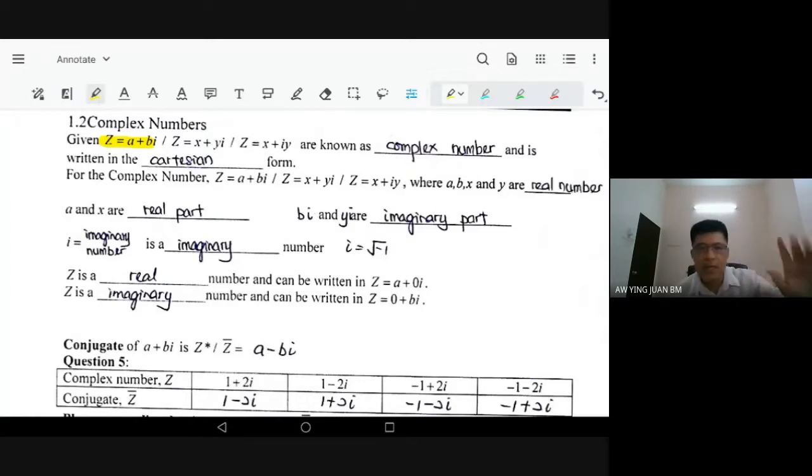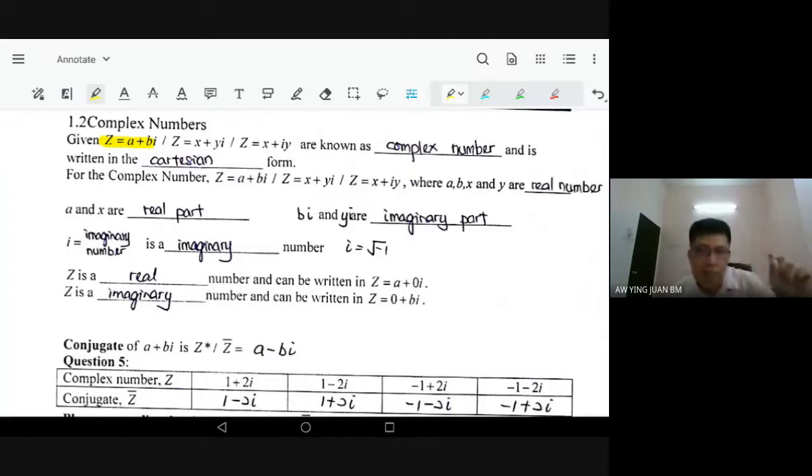Tanpa fikir. Nampak complex number, atau nampak Z, atau nampak A plus BI, it is the same thing, which is the complex number.